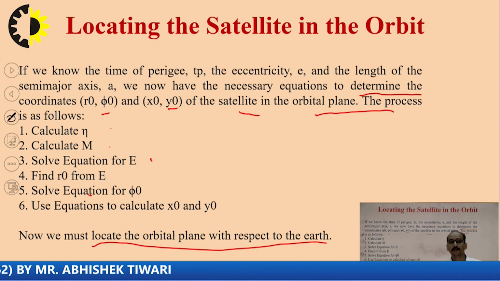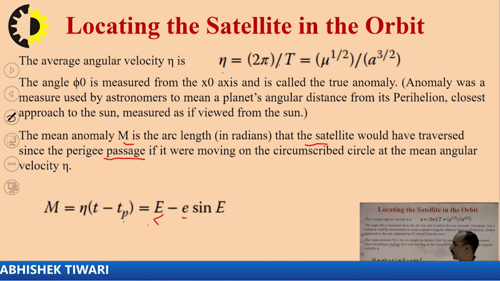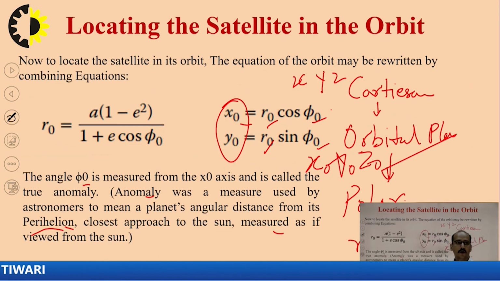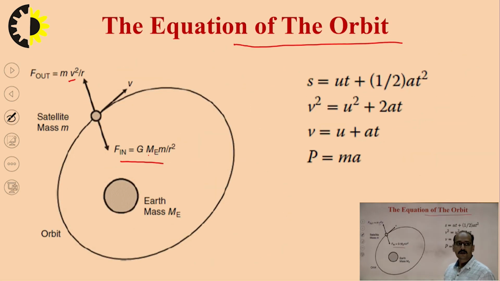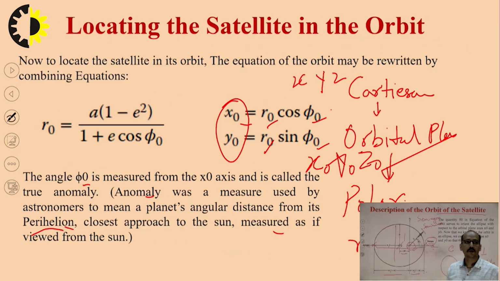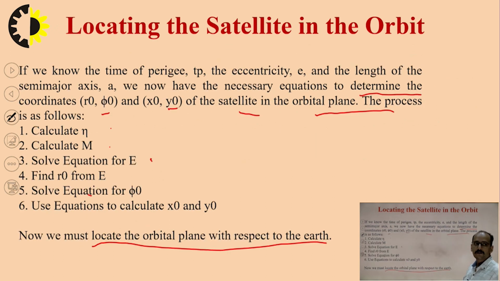When we are talking about the Earth station, it is actually located on the Earth's surface, but right now we are calculating everything with respect to the Earth's center. That's why all these equations will make more sense: now we must locate the orbital plane with respect to the Earth, and that we will discuss in the next lecture. Thank you so much.